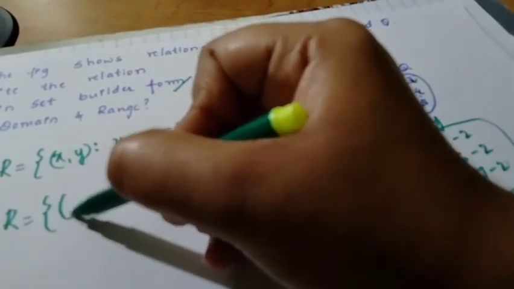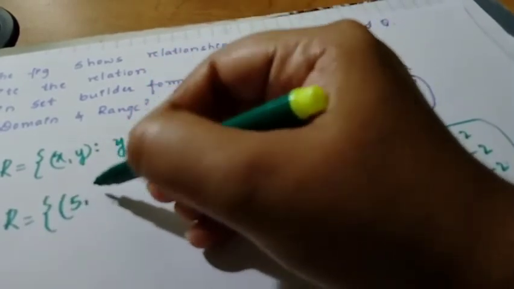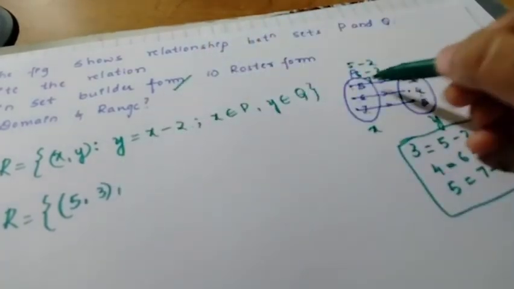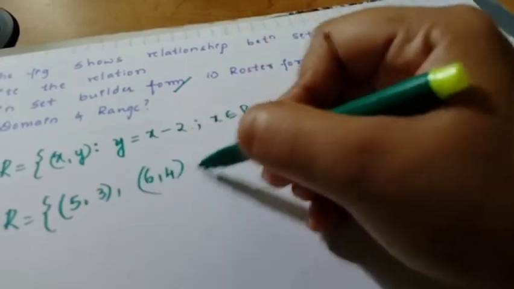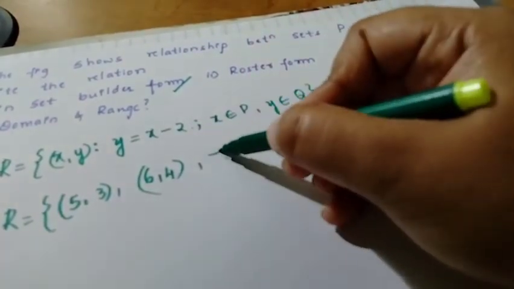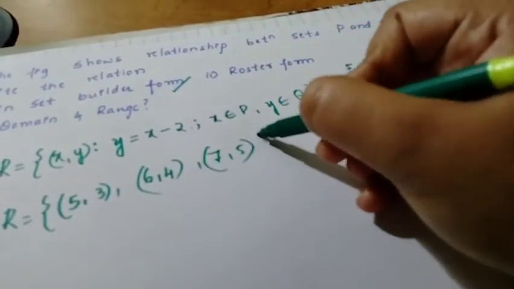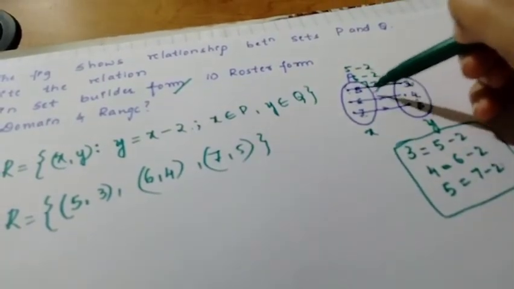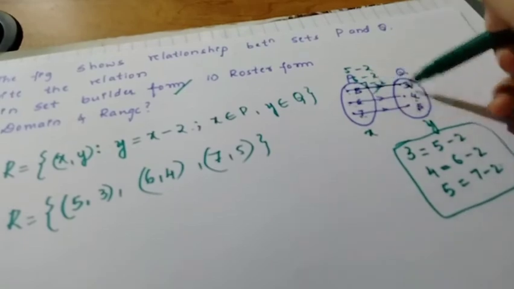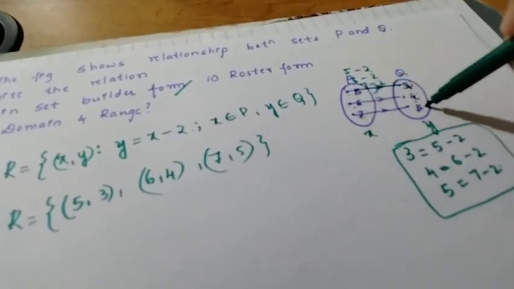So next, if you want to write it in roster form, it is very simple again. You have to write first P elements, 5 with 3, in the same order as it is related, 6 with 4 and 7 with 5. This is roster form. Clear? For which element it is related, that itself you have to write: 5 with 3, 6 with 4, 7 with 5.